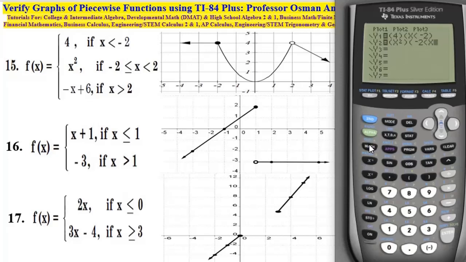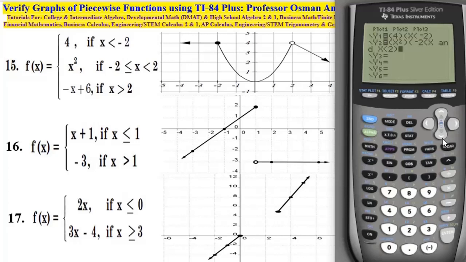Second math, logic, and, x is less than 2. Okay.